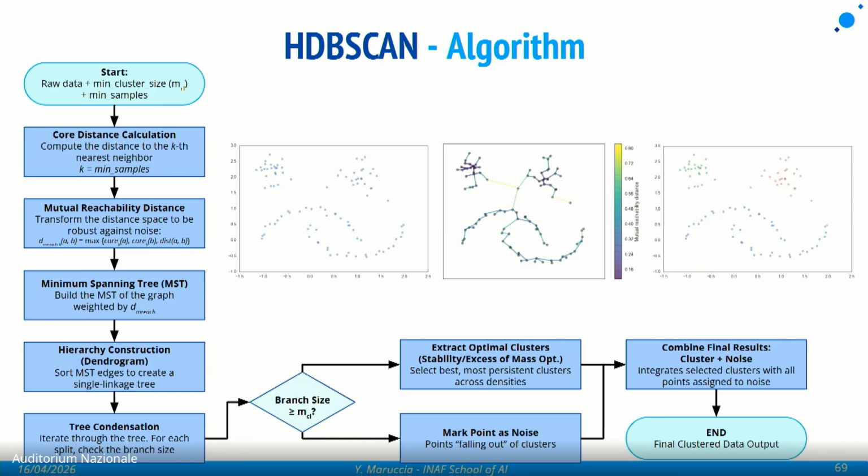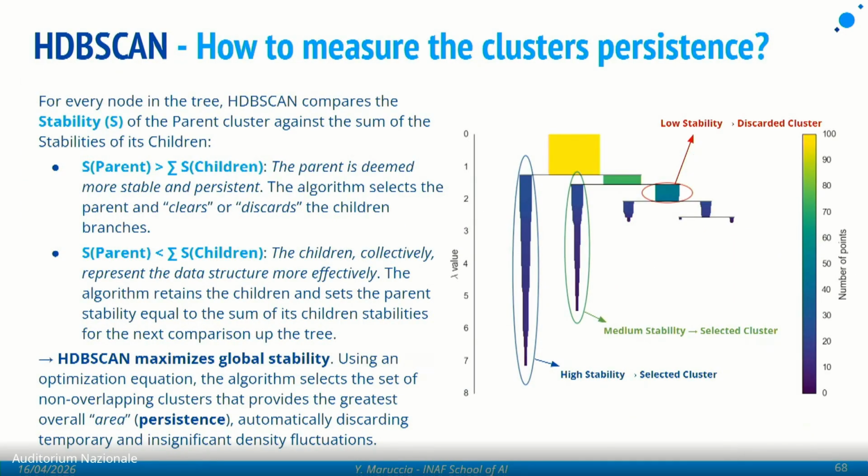The HDBSCAN that comes from scikit-learn doesn't have the possibility to visualize this kind of detail, because they haven't yet implemented the condensed tree, the dendrogram, and so on, so we can't visualize them.